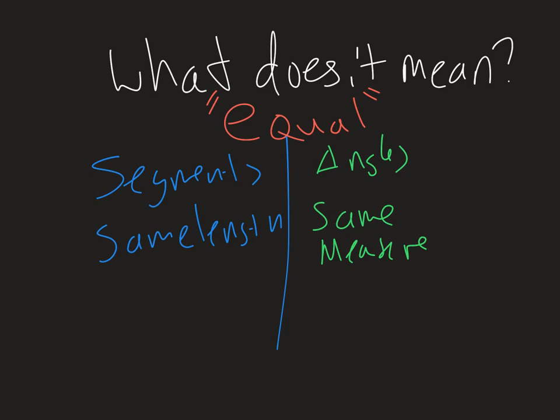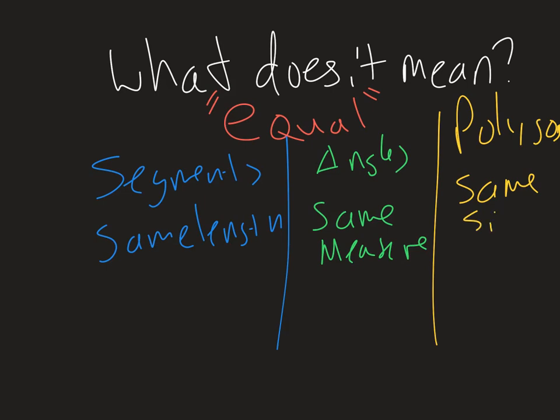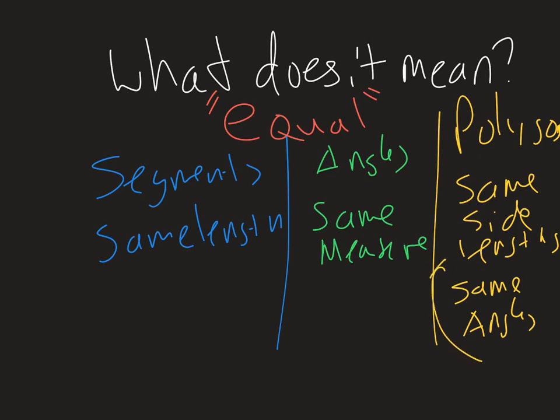If I'm talking about polygons, and we can expand this to other shapes as well, it means that they have the same side lengths and the same angles. What I really should specify is that they have the same corresponding angles and side lengths. We'll talk about what that word means.